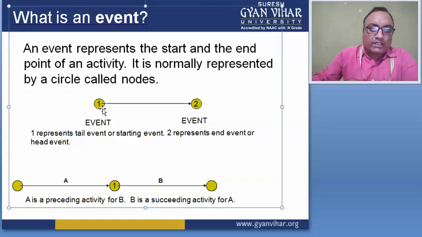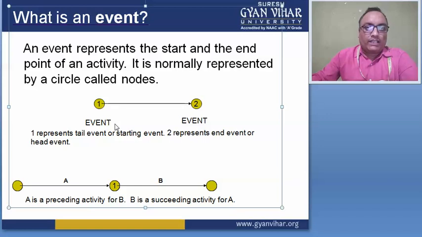On the opposite side, where the arrow head is situated, is called the ending point or head event. So 1 represents the tail event and 2 represents the head event, or end event. These are the representations of an event.